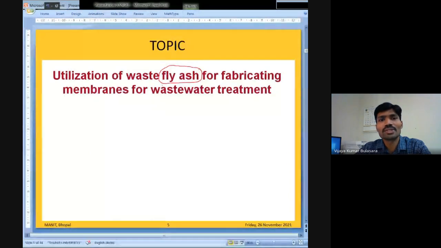However, if we can use fly ash for development of value added products like membranes, then its value increases, and the pollution problems arising from the disposal of fly ash also reduce. So we make use of the fly ash for making ceramic membranes, and those membranes are used in wastewater treatment. In this study, we studied synthetic wastewater solution employing a single pollutant or single solute.